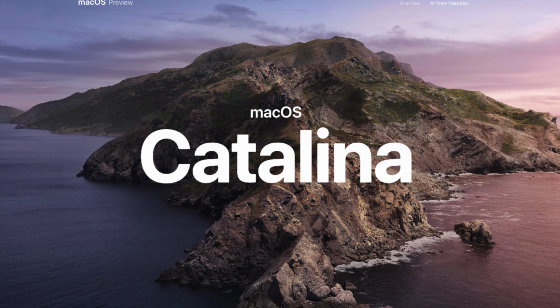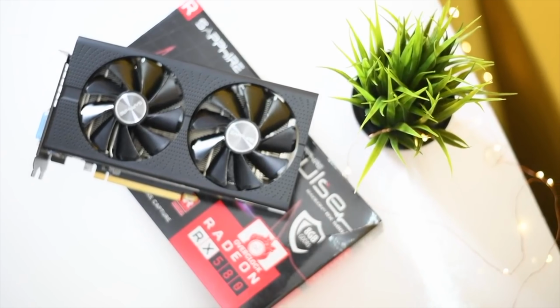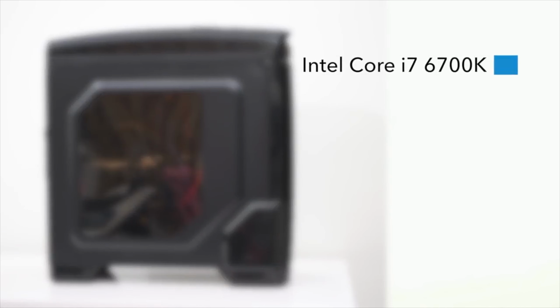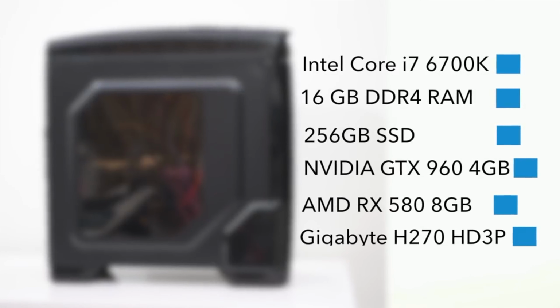If you are going to install the latest version of macOS that they announced 2 months back, that is macOS Catalina, you need to go with an AMD graphics card. In this video I'm going to install macOS Mojave with an AMD graphics card. Last time I installed macOS on my old computer with the configuration i7 6700K, 16 GB RAM, Nvidia GTX 960 graphics card.